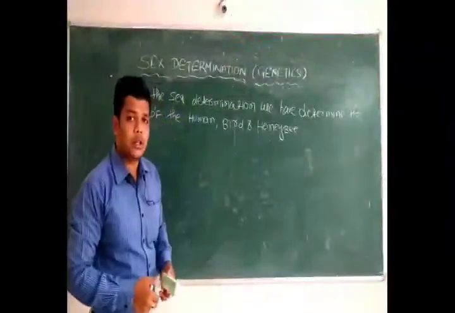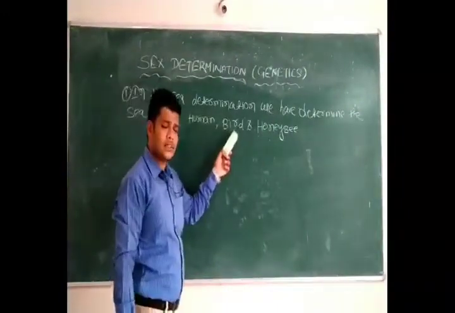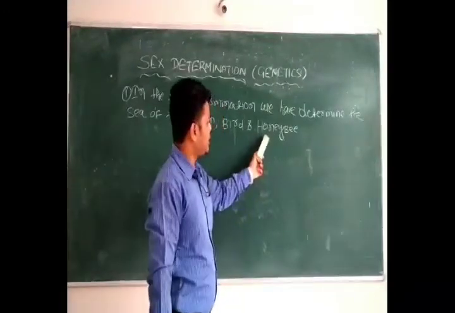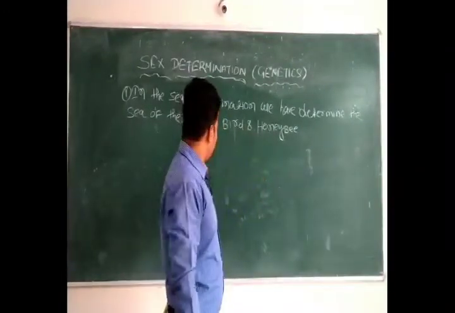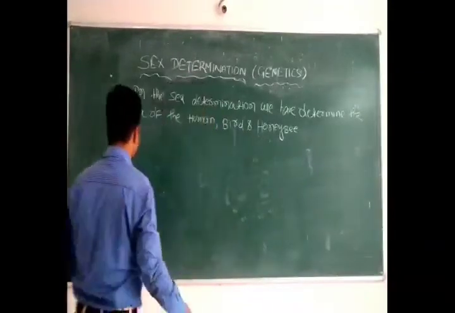In the chromosomal theory of sex determination, we have already discussed the human and bird, but in this there will be one difference in the honeybee. So let us discuss all the three, that is the human, bird and honeybee.